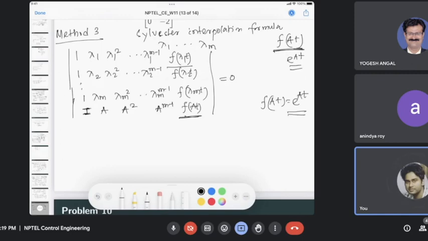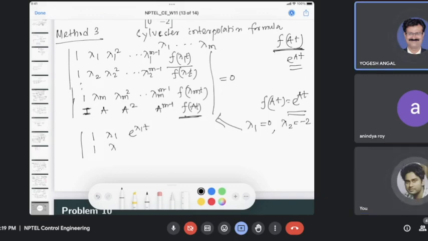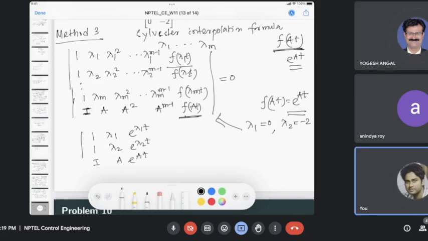So we are taking e to the power At, and we have found that the eigenvalues are 0 and minus 2. So the first row is 1, lambda 1, e to the power lambda 1 t, and then 1, lambda 2, e to the power lambda 2 t, then I, A, e to the power At, and this determinant should be equal to 0.